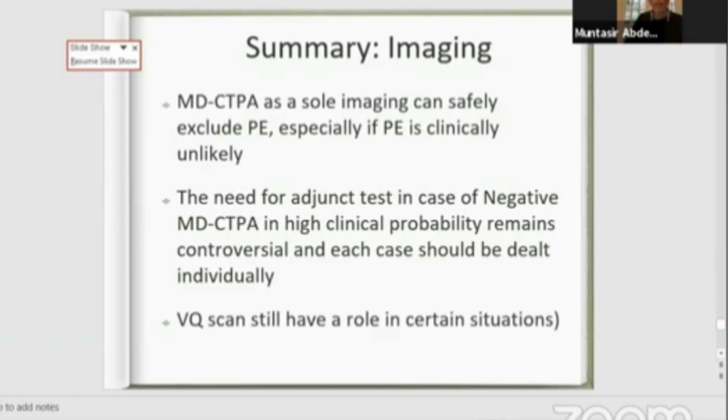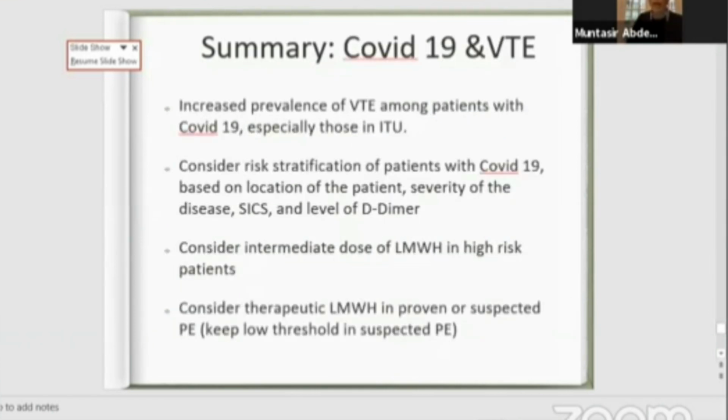And can we have the last slide? And then COVID-19, there is no doubt that there is increased prevalence of pulmonary embolism and DVT in patients with COVID-19, especially those in intensive care. And also, you have to remember, prophylactic anticoagulation does not prevent these people from developing pulmonary embolism.